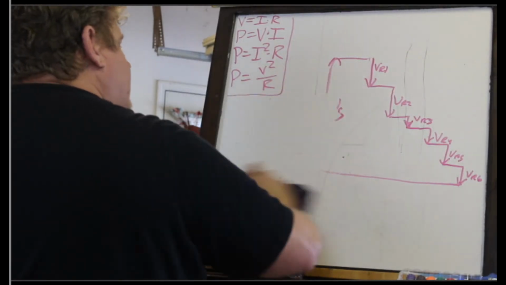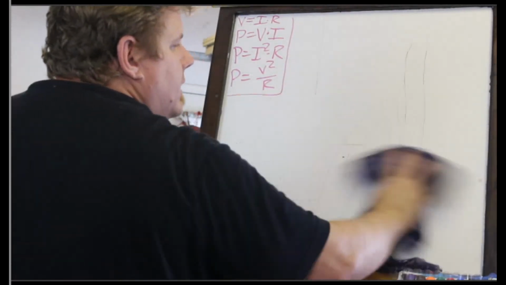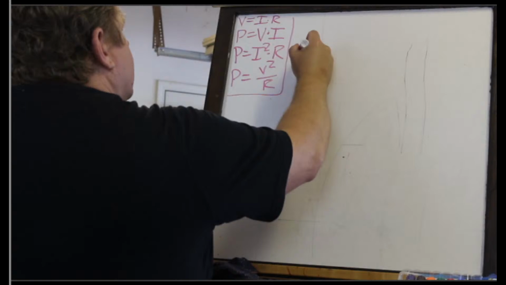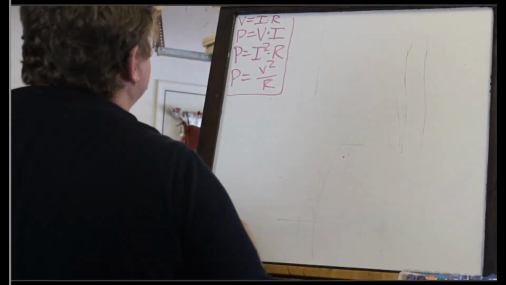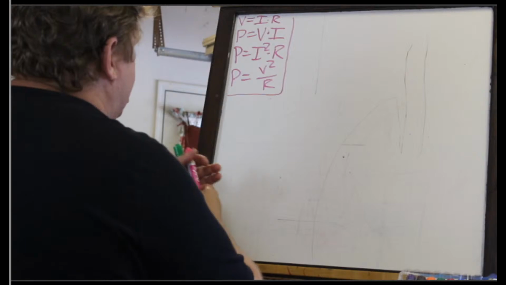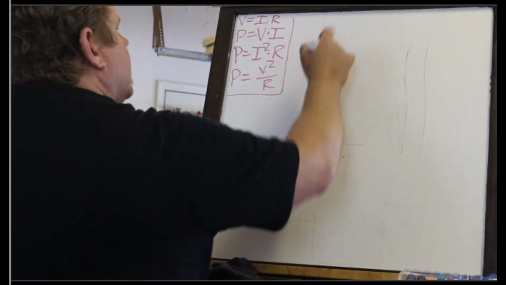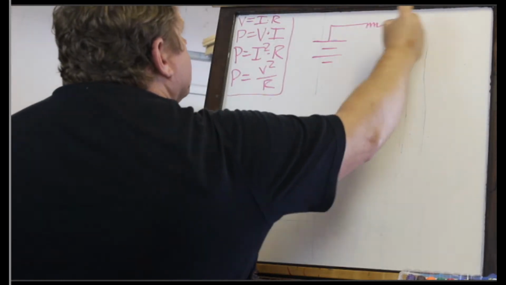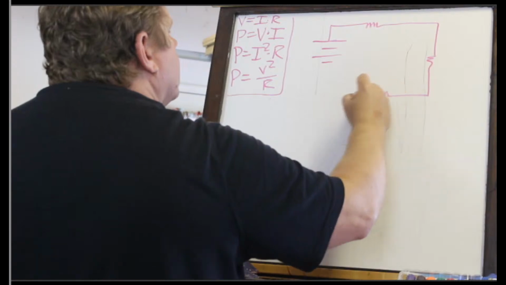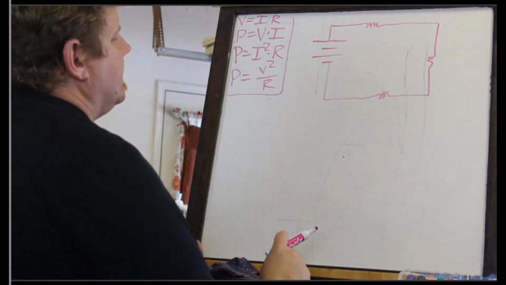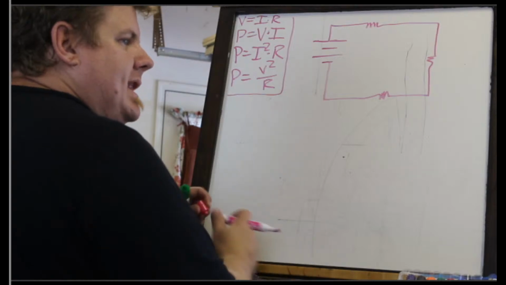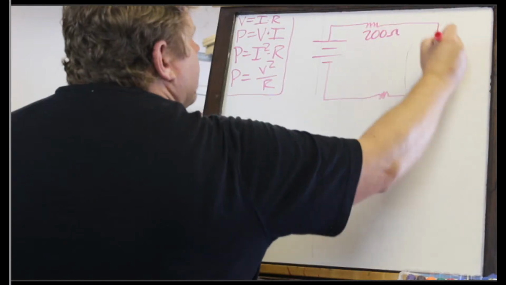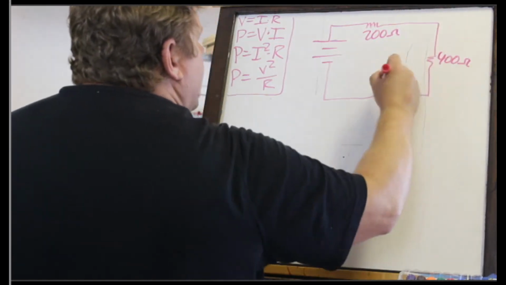Let's go ahead and do a full example here. I'm going to write the circuit up here and then do my work underneath. So here we go. I've got a 3 resistor series circuit, and I'm going to do this one with nice values: 200 ohm, 400 ohm, and 800 ohm.